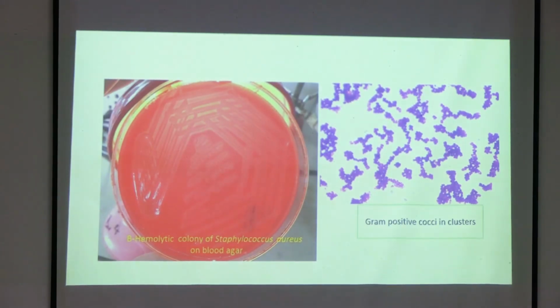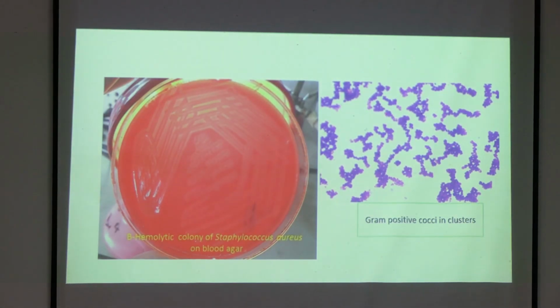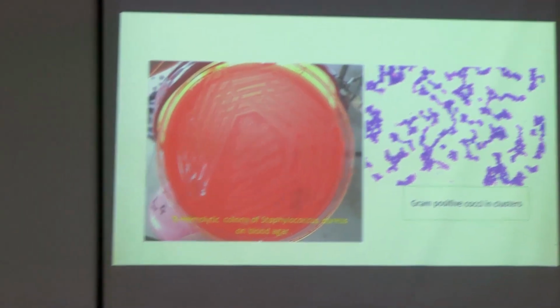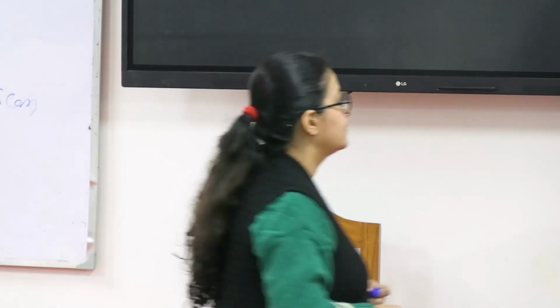Can you appreciate the hemolysis? You'll see the beta hemolysis. So Staph will give beta hemolysis, and you can see these gram-positive cocci in clusters. And now how are you going to identify the species? We will do the biochemical tests like catalase, coagulase, all these things.